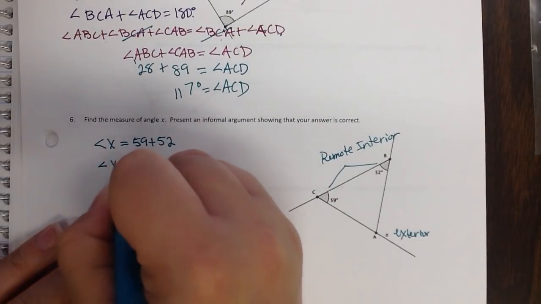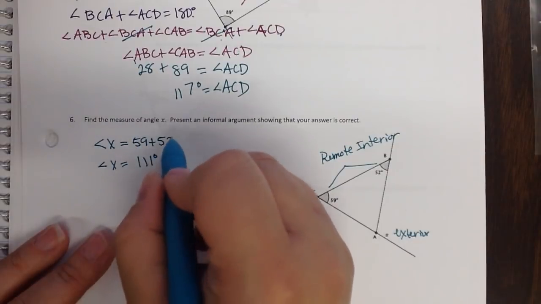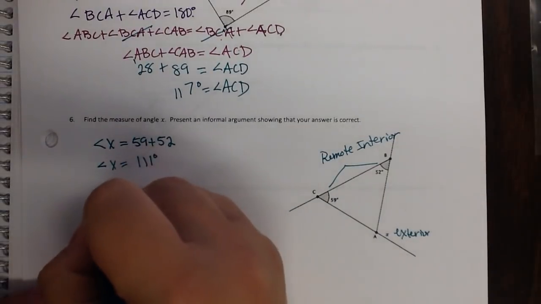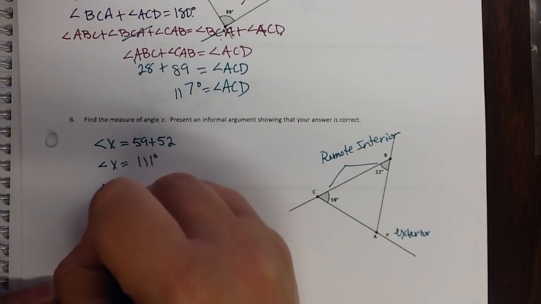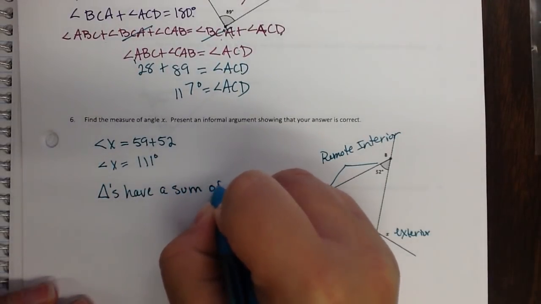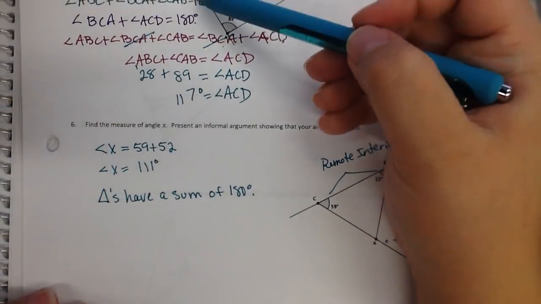So angle X equals 111 degrees. Okay, and we know this because triangles have a sum of 180 degrees, which is what we wrote here.